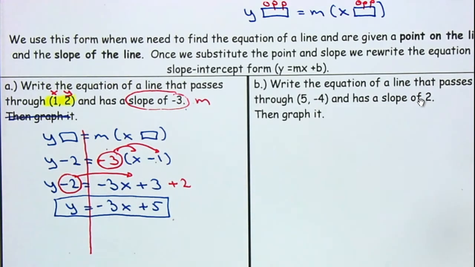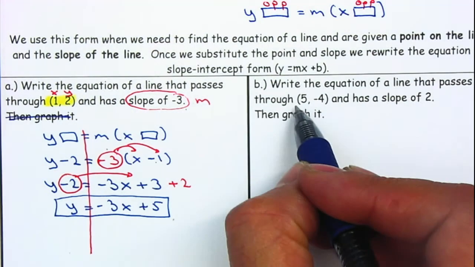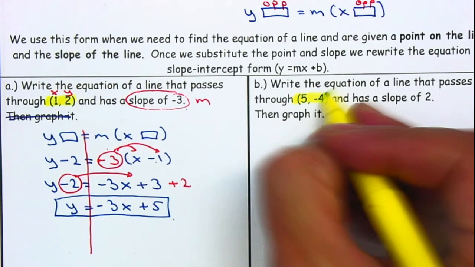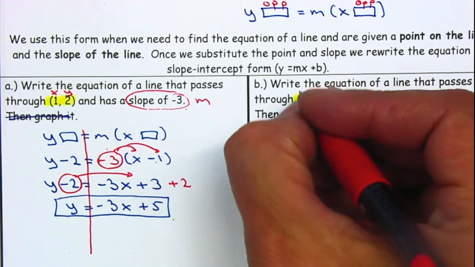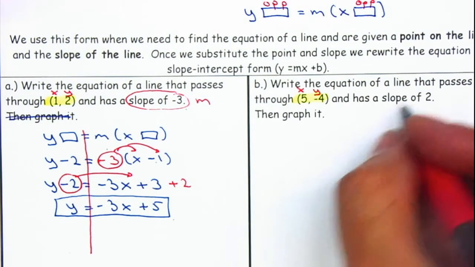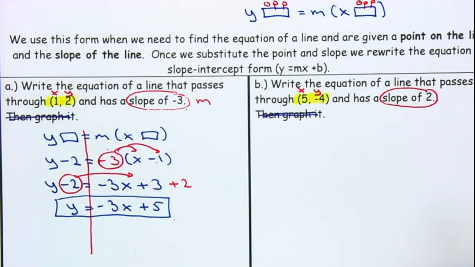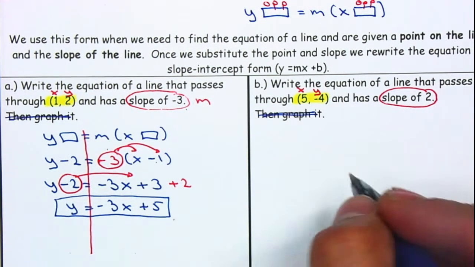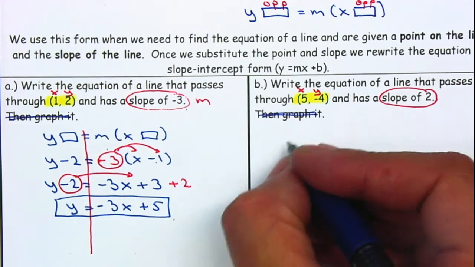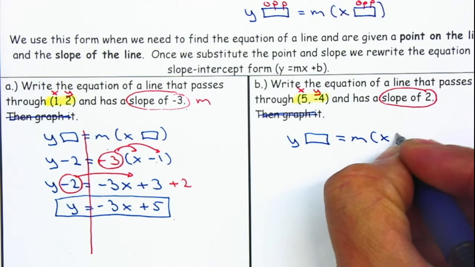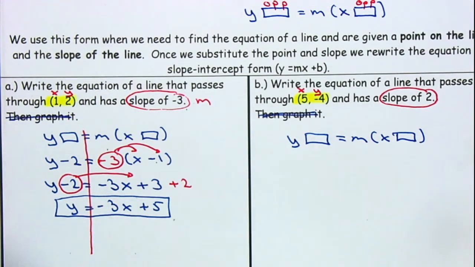Let's go through the next example. Write the equation of a line that passes through the point. They're giving me a point, so I want you guys to highlight it. That's x and y. And they also tell you that the slope is positive 2. We don't need to graph it. I'm going to go ahead and write the equation. y box is equal to m x box.